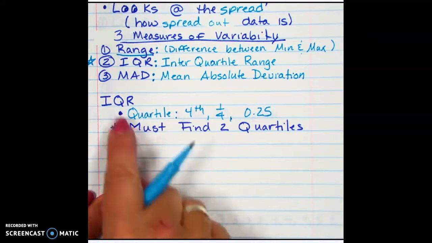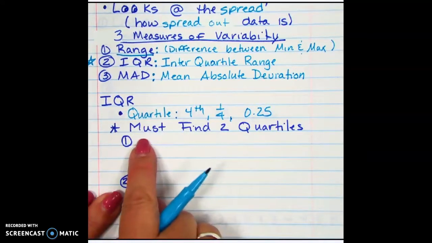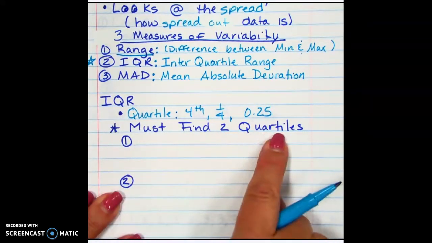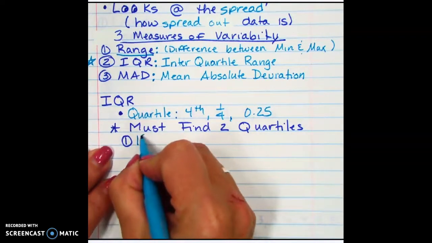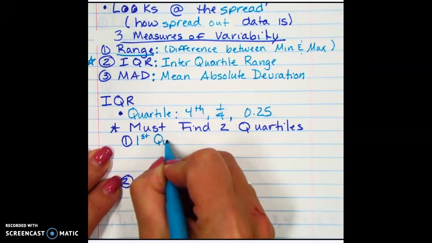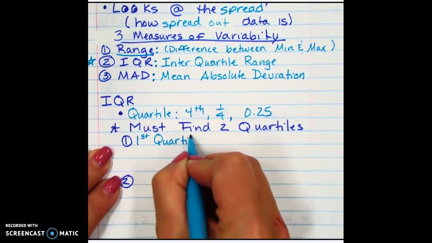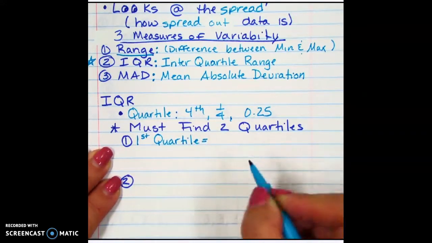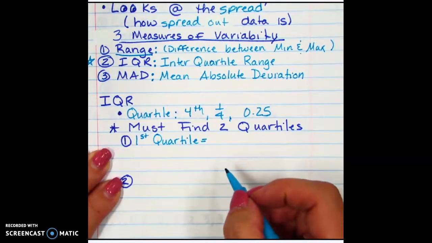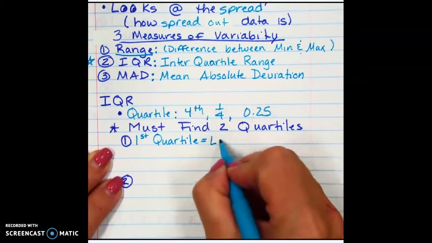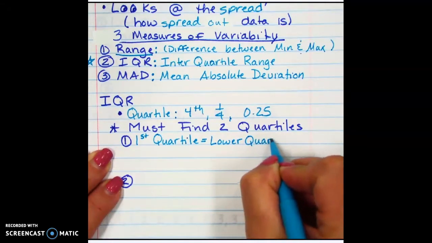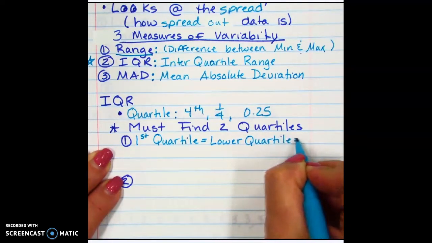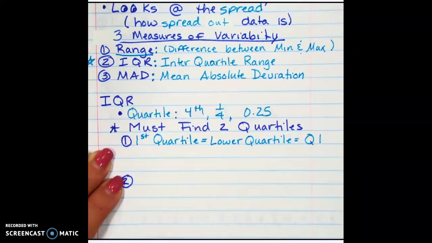Now, when we're doing the IQR, we need to find two quartiles. The first one that we need to find is called the first quartile. The first quartile is also known as the lower quartile. And I will also refer to it as Q1.